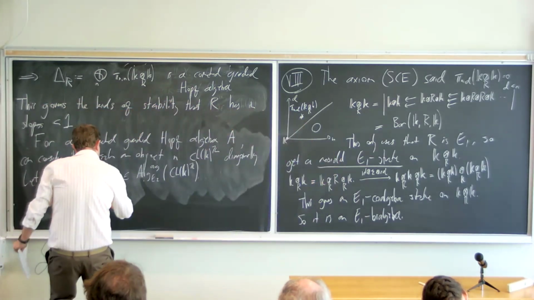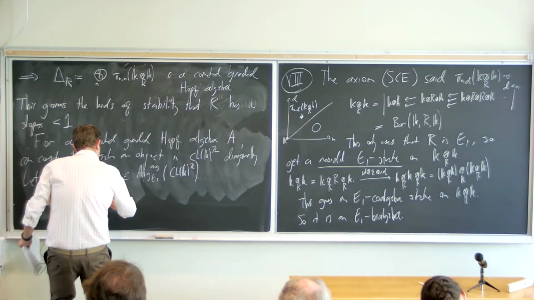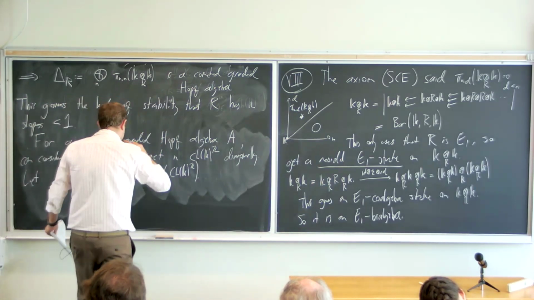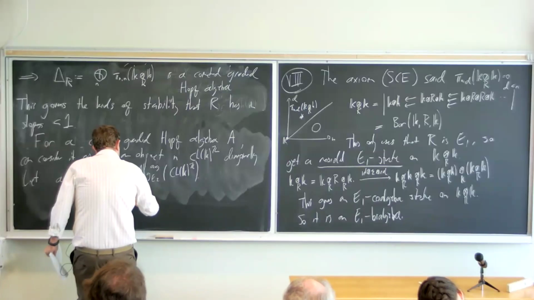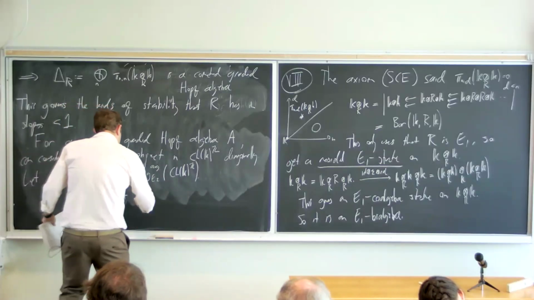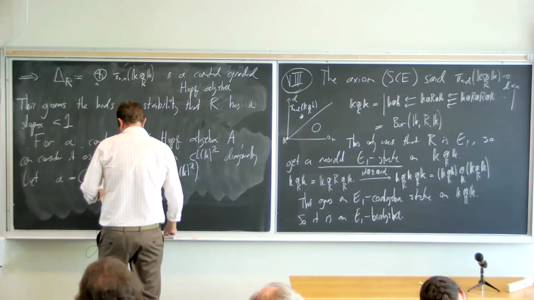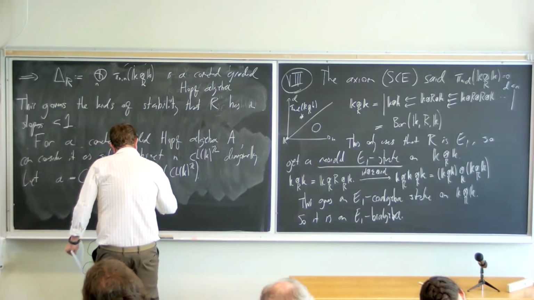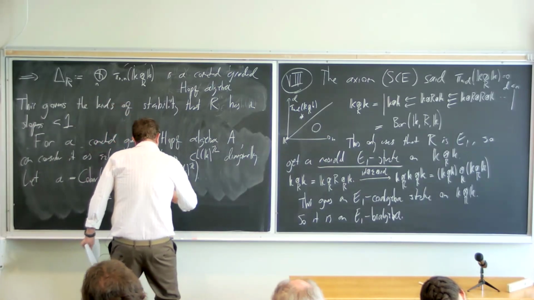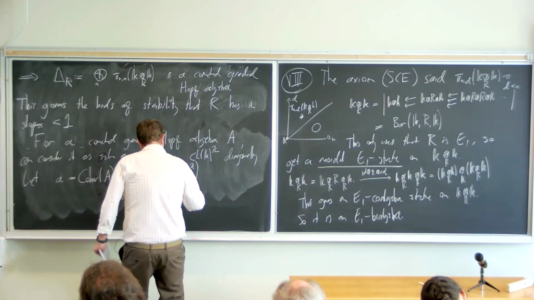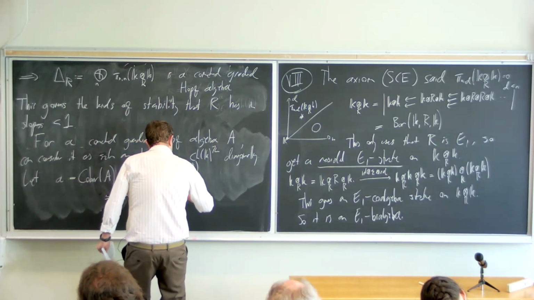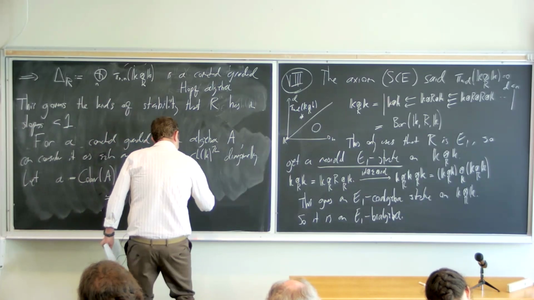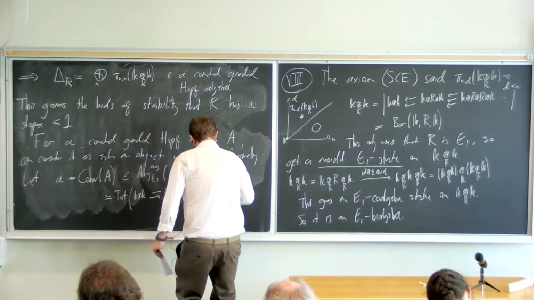What is this in a kind of down-to-earth way? It's sort of exactly the opposite of what it is up there. It's the totalization of the cosimplicial object, which looks like K tensor K, that maps to K tensor A tensor K using the two coactions of A on K, and so on.